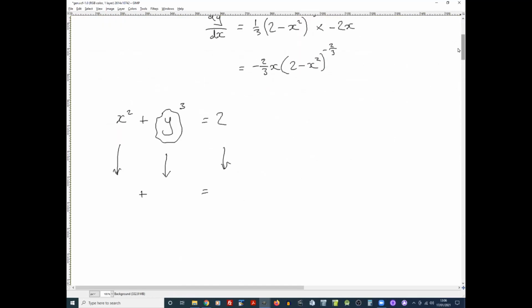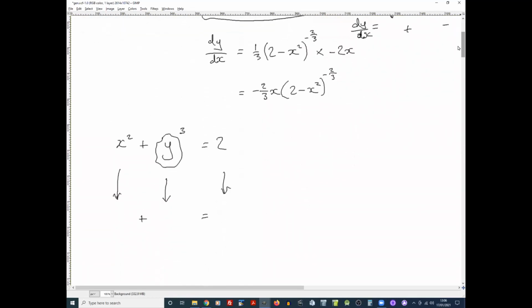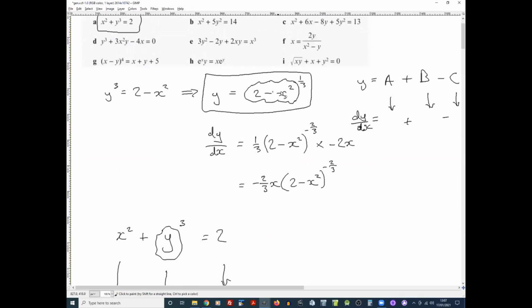Then we will be able to see what dy/dx is soon enough. We'll be able to make dy/dx the subject, but it won't be explicitly in terms of x. It will be in terms of x and y. And we won't bother finding out what y means as a function of x, which is this. This is what y means, isn't it?